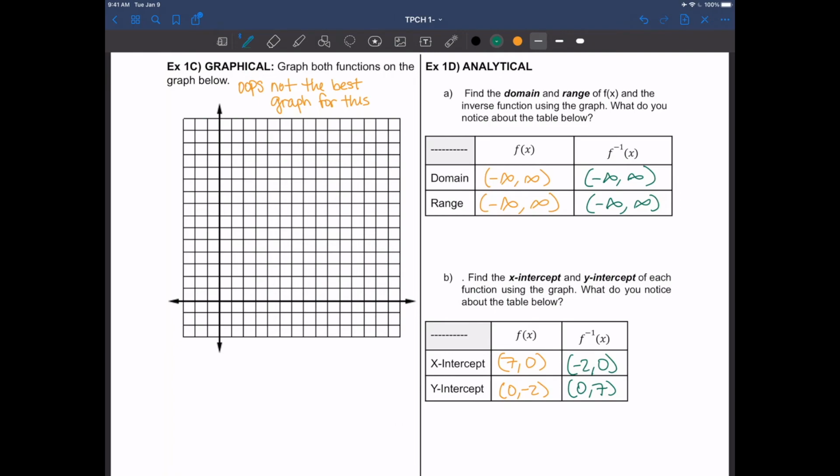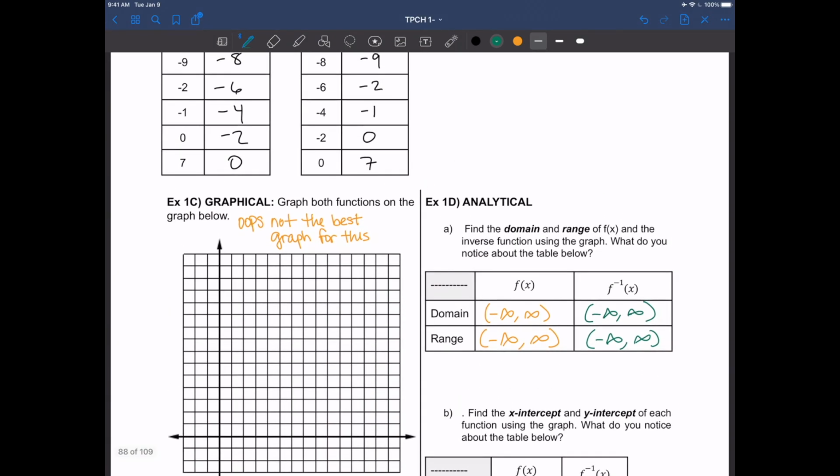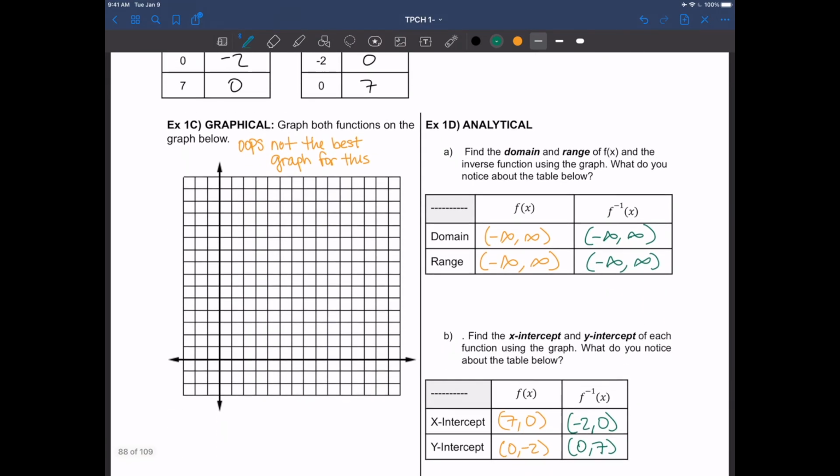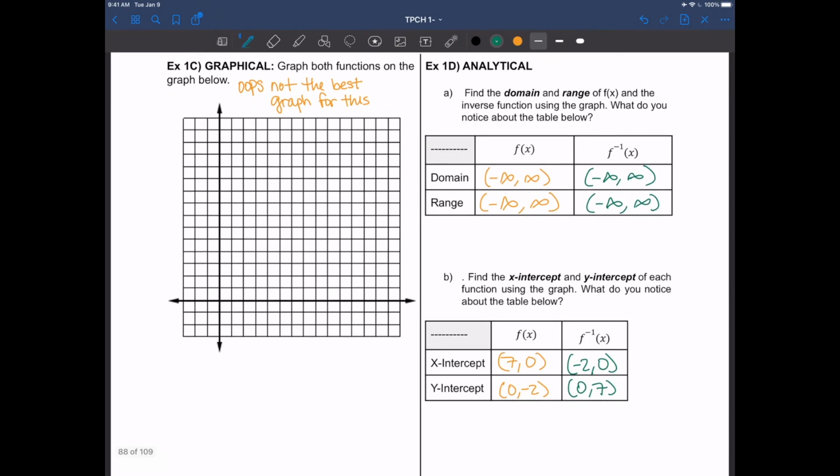What do you think happened? Here's a hint: the x-intercept and the y-intercept, the domain and range, and even what happened in this table, they are all related. Whatever relationship you came up with for the two tables should be similar to what you think about the domain and range and the x-intercept and y-intercept.